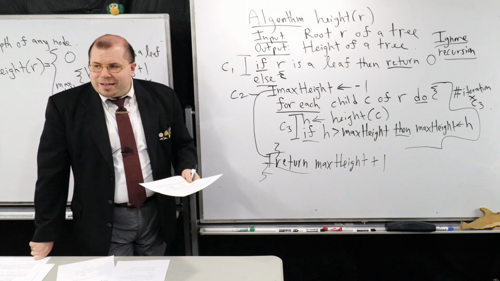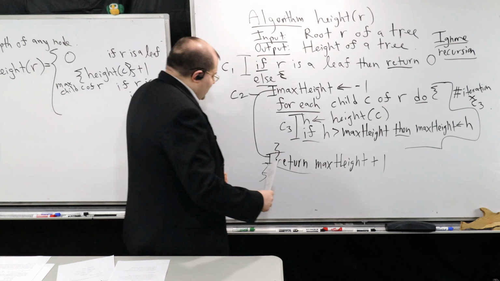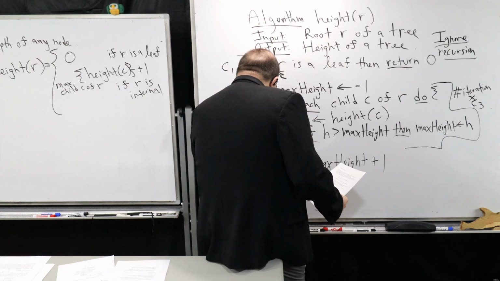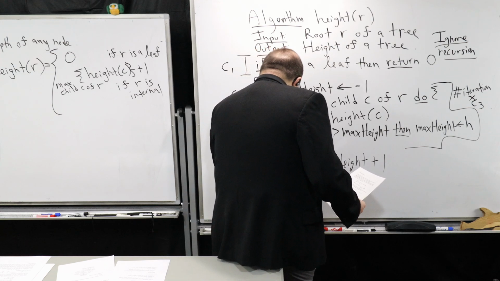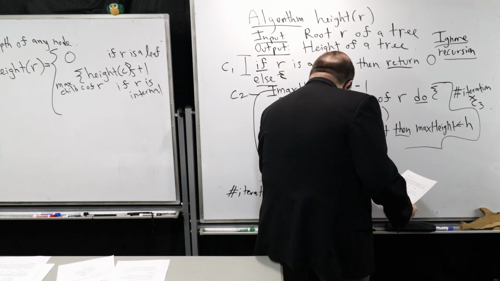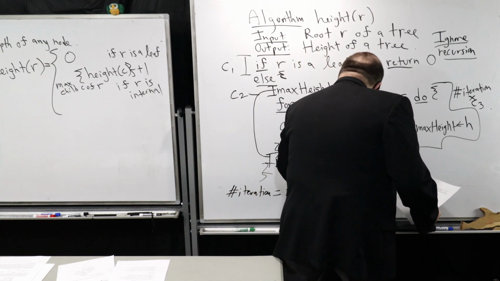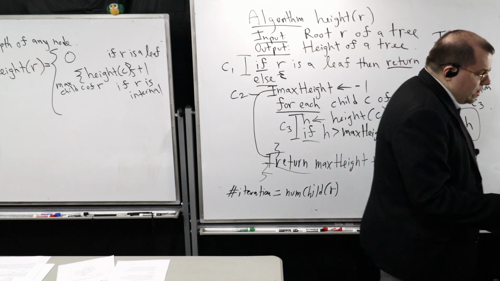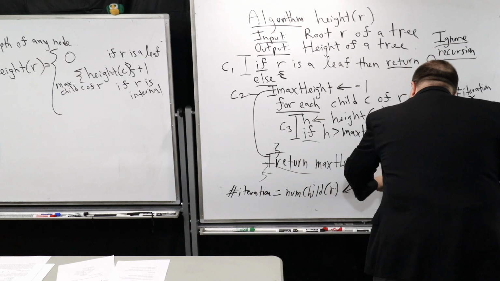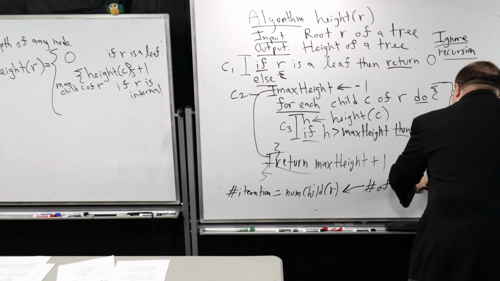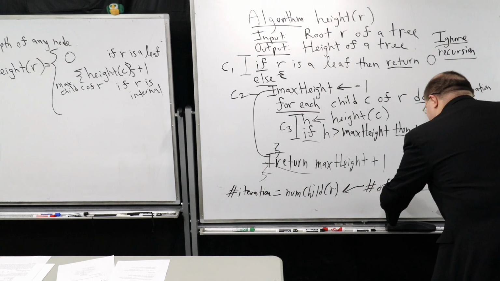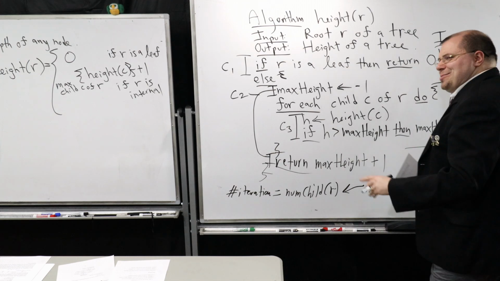Yeah, the number of children, exactly, very good. So the first thing I want you to notice is that the number of iterations is the number of children, which I'm going to denote as numchild of R. So this is simply the number of children of R. I better add that in. There we go. Perfect.